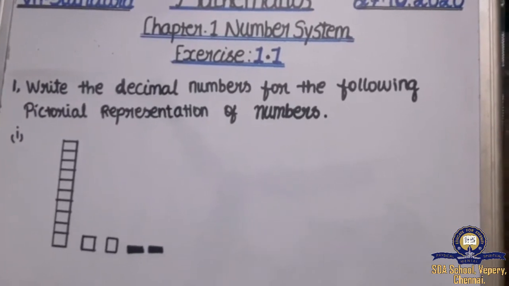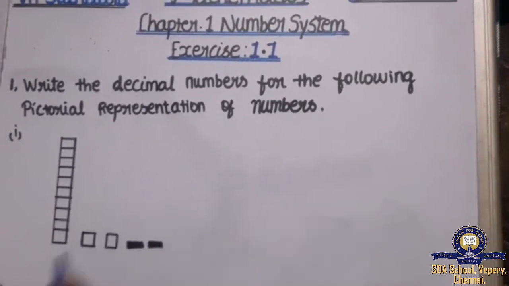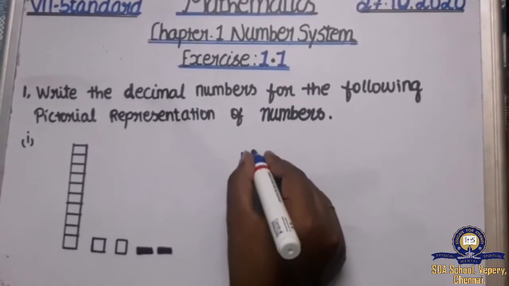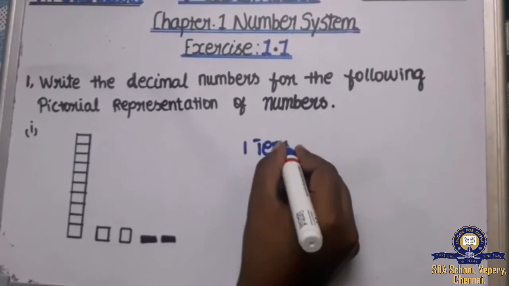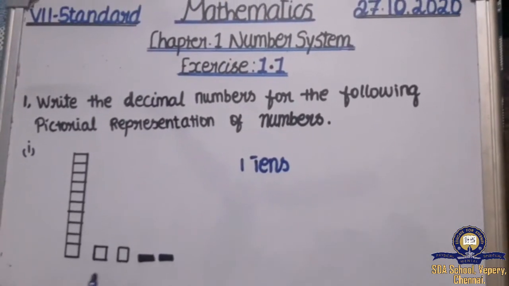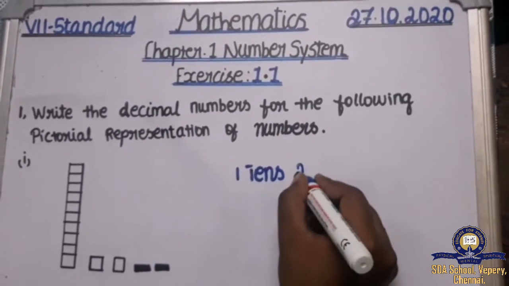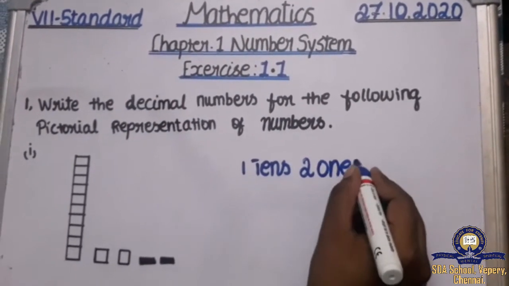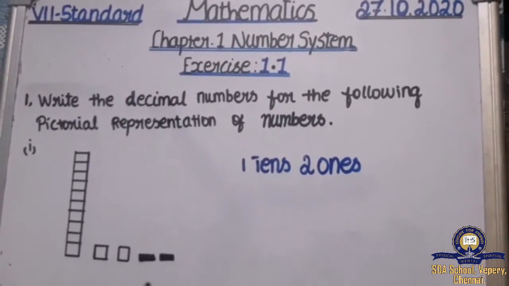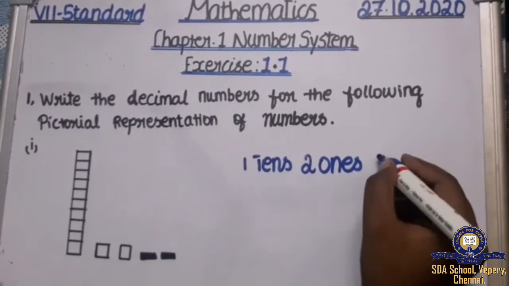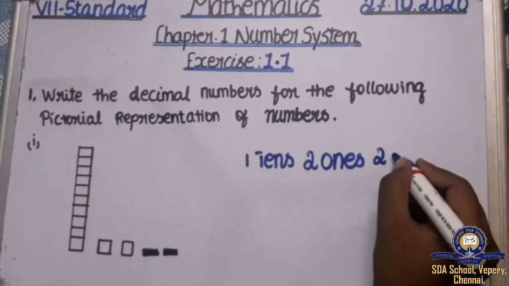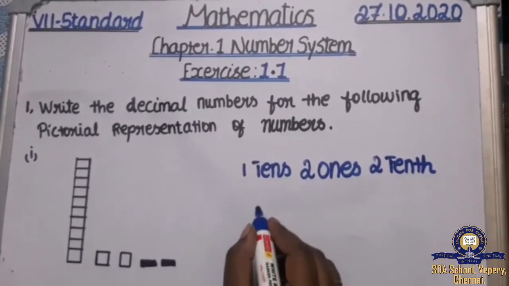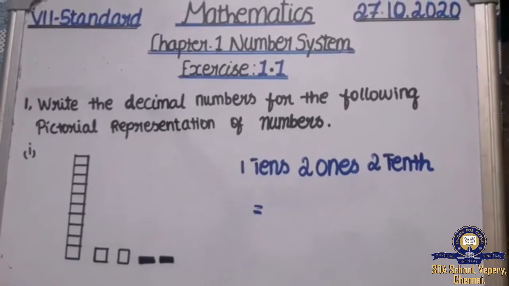Therefore, we can write it as: how many tens are there? Only one ten, so we write 1 ten. How many ones are there? 2 ones, 1, 2, so we write 2 ones. How many tenths are there? 2 tenths, so we write 2 tenths. Therefore, we can write it as a decimal number.